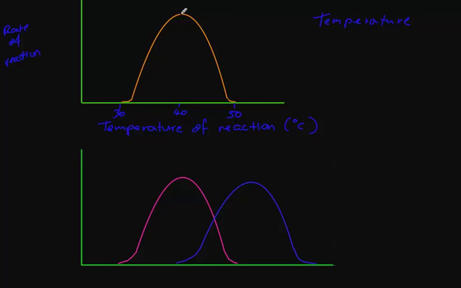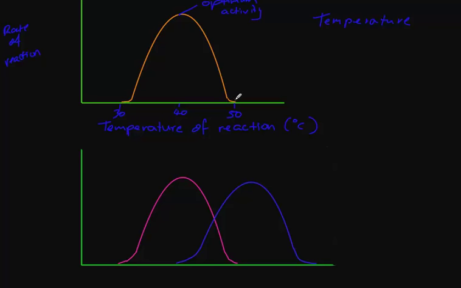At just before 40 degrees, around 37 degrees, we have optimum activity. And it falls off very, very quickly after 40 degrees, and past 50 degrees it stops as well. So a couple of things are occurring. First of all, the enzyme works best at an optimum temperature. Outside that temperature, enzyme activity falls away very, very quickly.